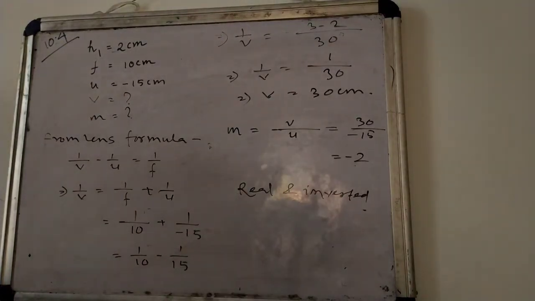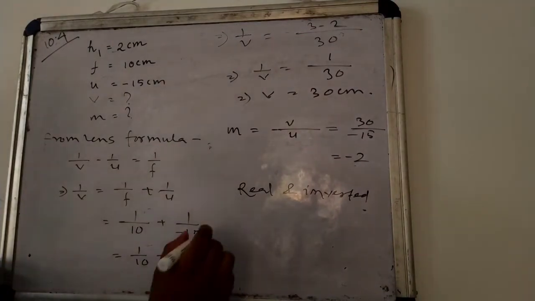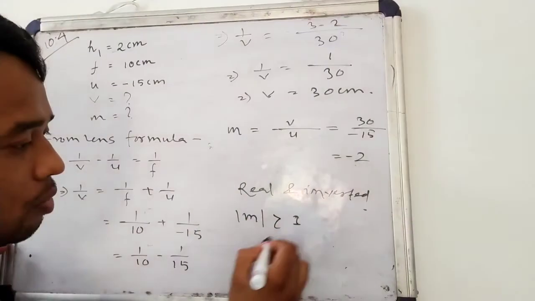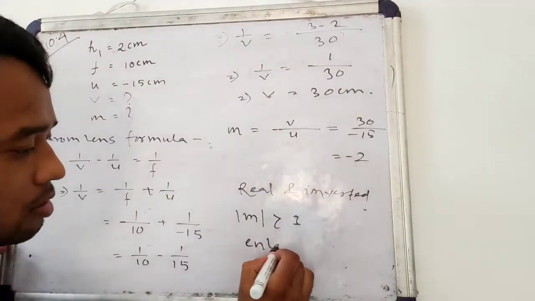And now the magnitude of the magnification. Magnitude is how much? 2. For magnitude, we will not consider the sign, only the magnitude, which is 2. And 2 is greater than 1. That means the magnitude of magnification is greater than 1, so the image will be enlarged.